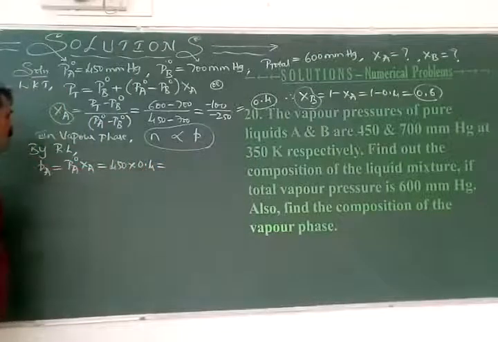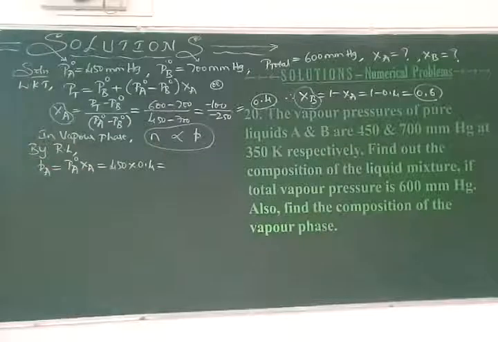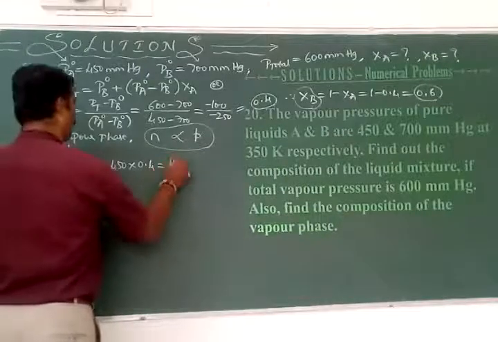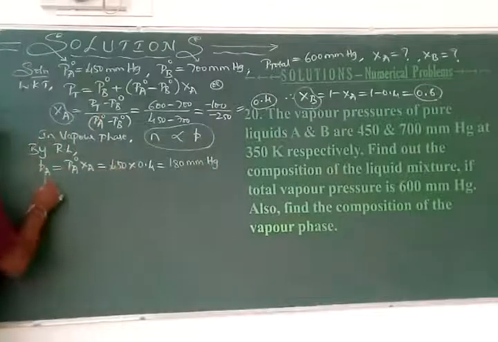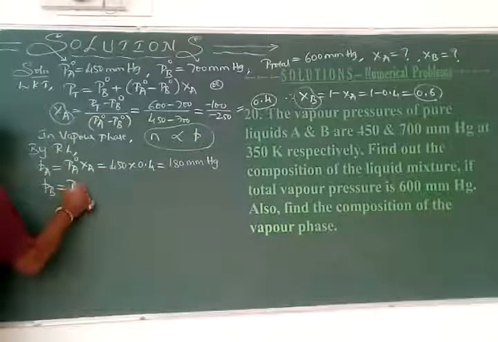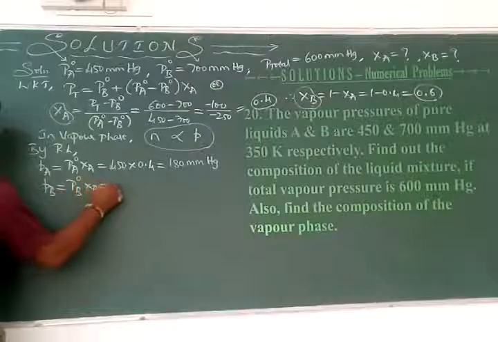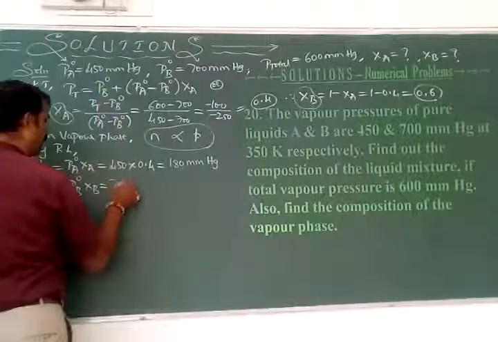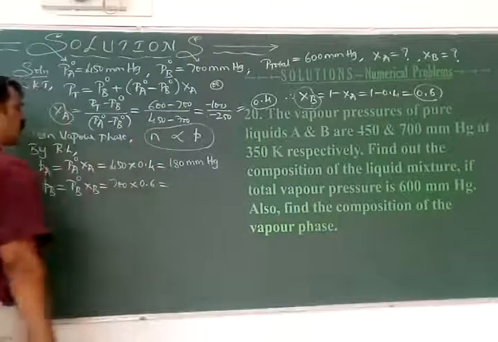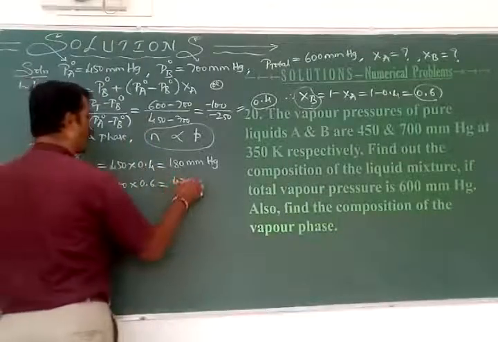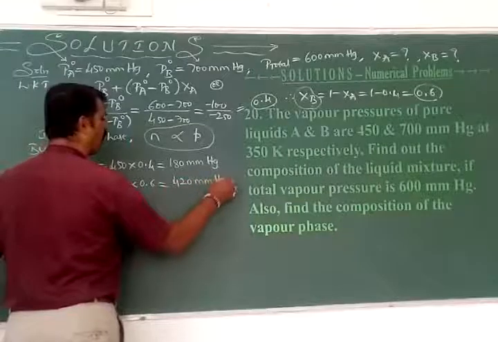On simplification, 45 fours are 180, so 180 millimeter of mercury. Similarly, what is PB here? PB naught into XB. PB naught is 700 into 0.6. 7 sixes are 42, so 420 in terms of millimeter of mercury.